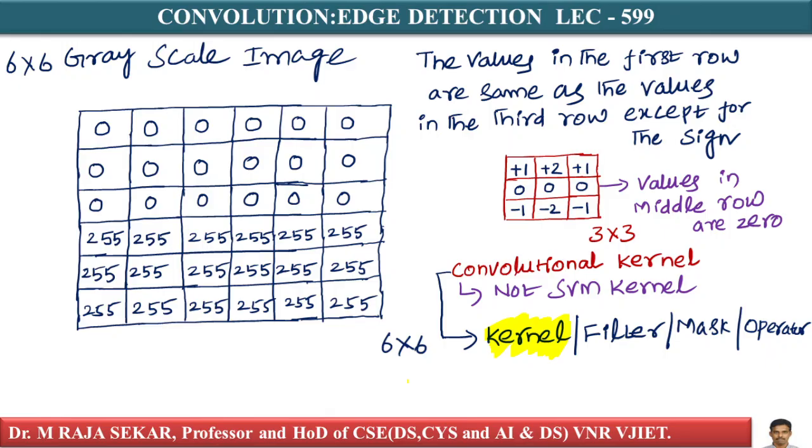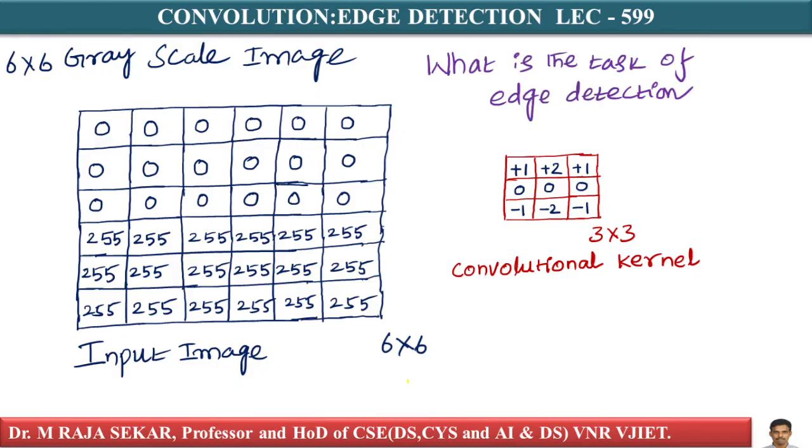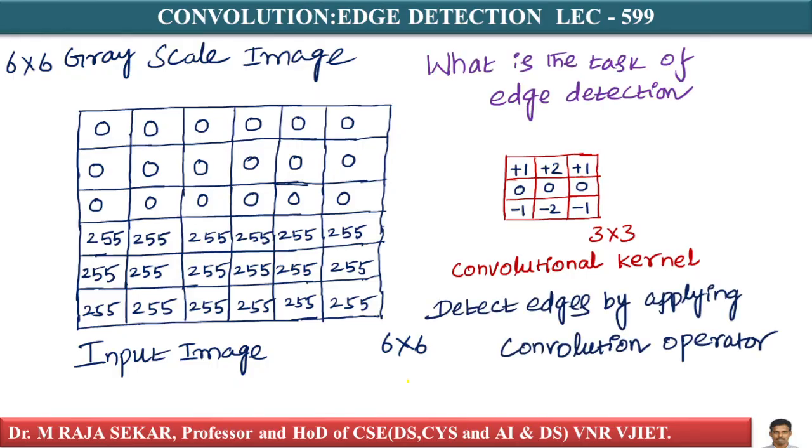So you have a 6 by 6 matrix. Let's call this the input. What is this image? Let's call this an input image. What is the task of edge detection? You are given an input image and you want to detect edges, and we detect edges by applying the convolution operator on the input matrix, because an image is nothing but a matrix.